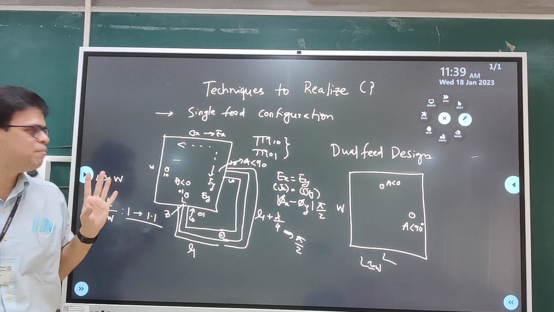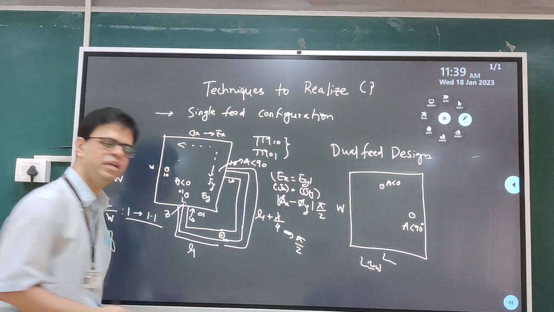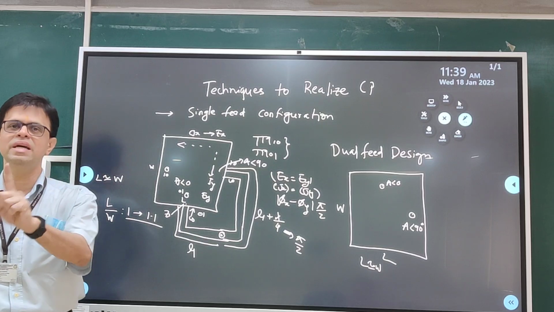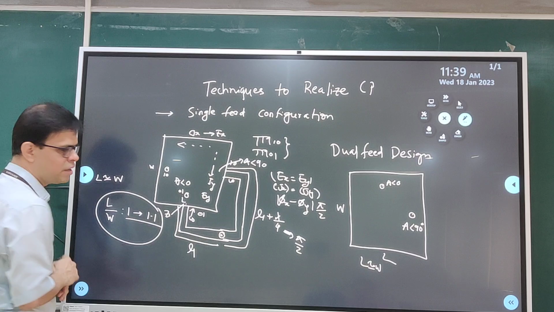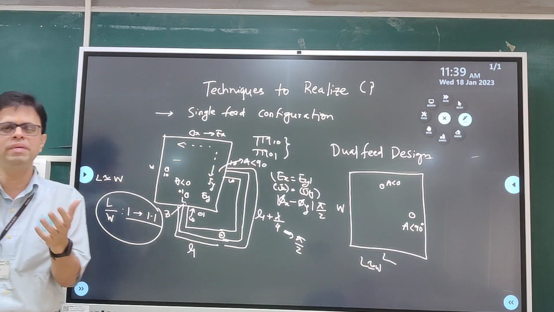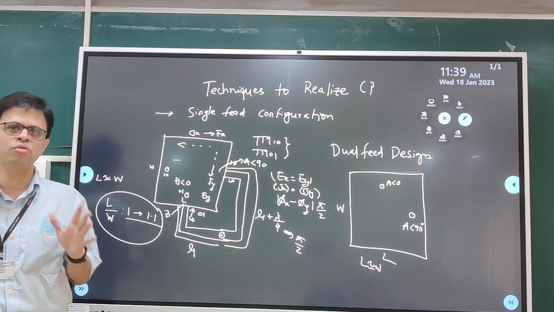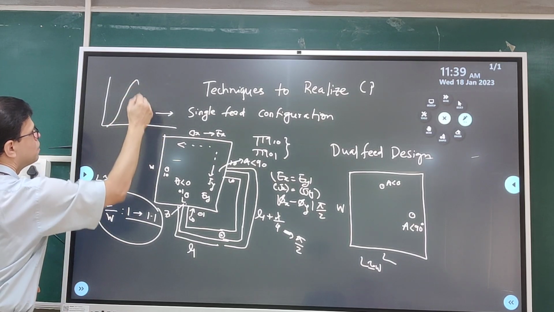Now a very important question is, are we ensuring this equation, that is Ex equal to Ey? The answer is partly yes. The reason is the two resonance frequencies. Remember, L is approximately equal to W, so we are merely using a nearly square patch.